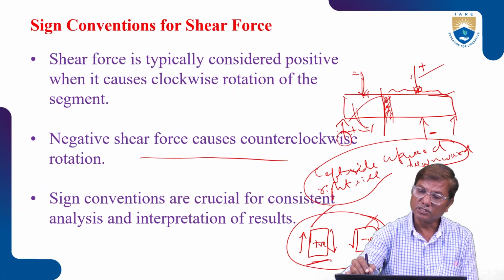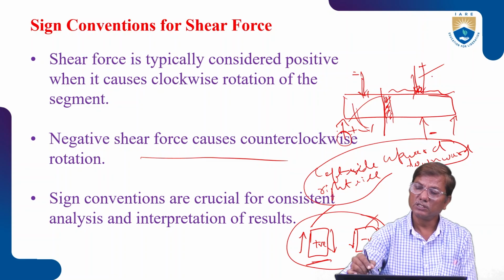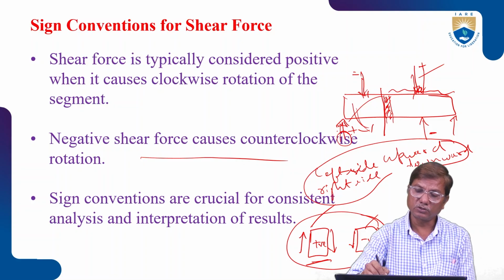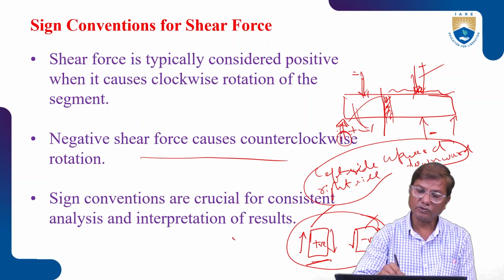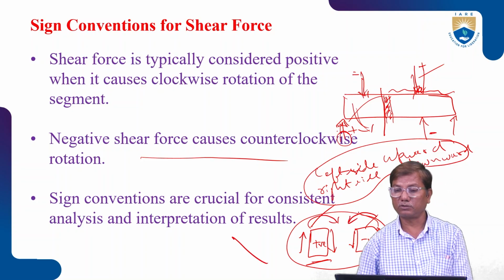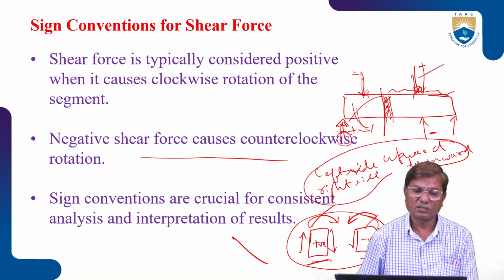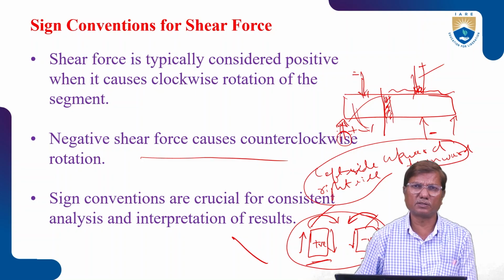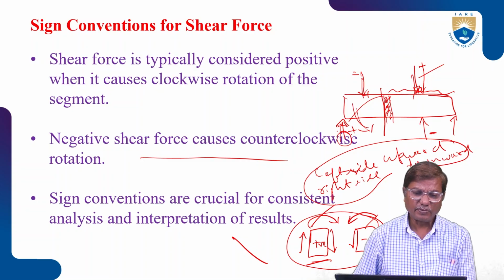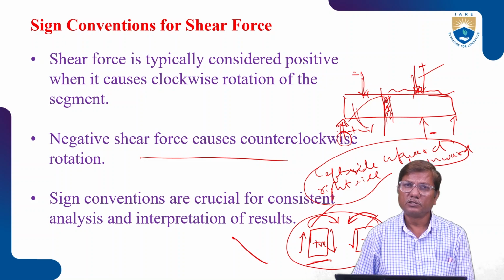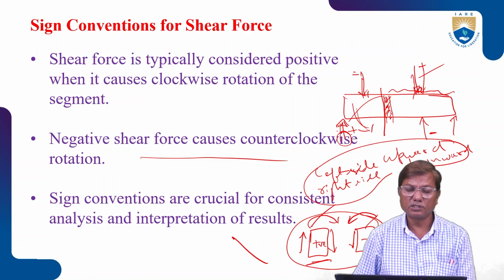Positive shear, that means right side downwards is positive, left side upwards is also positive. So this causes clockwise rotation, and this causes anti-clockwise rotation. Negative shear causes anti-clockwise rotation, and positive shear causes clockwise rotation. This is very important while solving the problems. Sign conventions are very important.